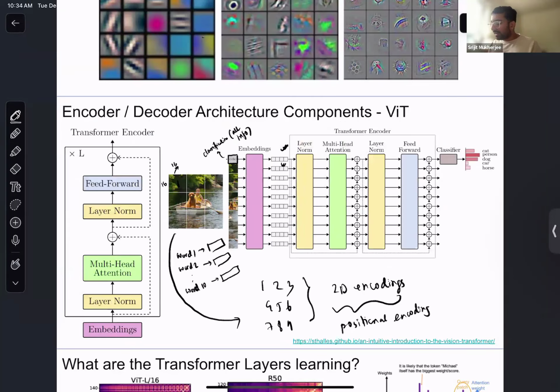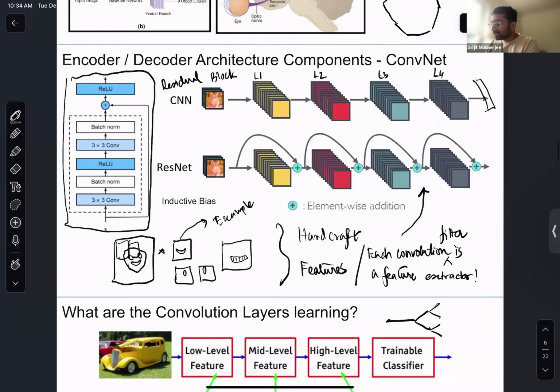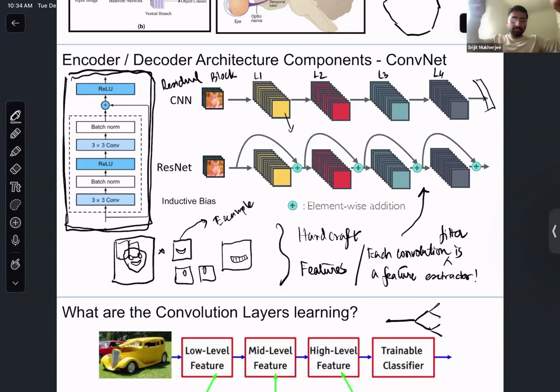So you see that there is a hierarchical feature here, right? And each of them is a convolution. Rather, each of them is a convolution block. Each block looks like this. Okay, this has convolution in it, and all this batch norm, really all these things are for optimization purposes, for stabilization purposes.